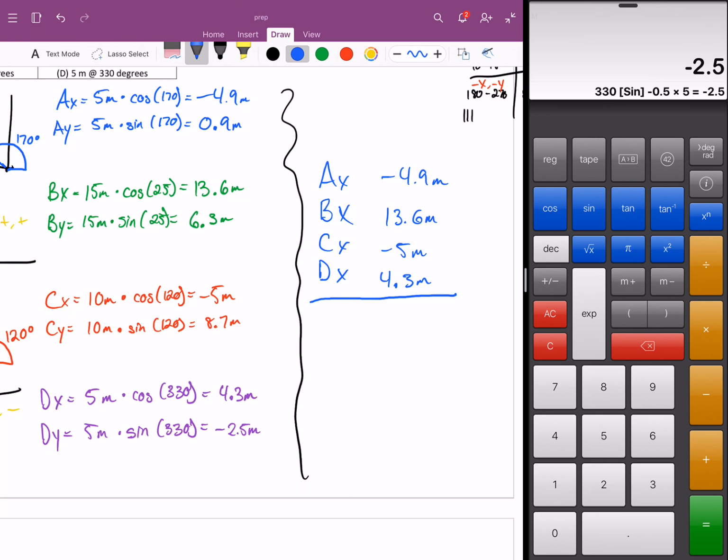You add all these together to find sum x: negative 4.9 plus 13.6 minus 5 plus 4.3 is 8 meters.